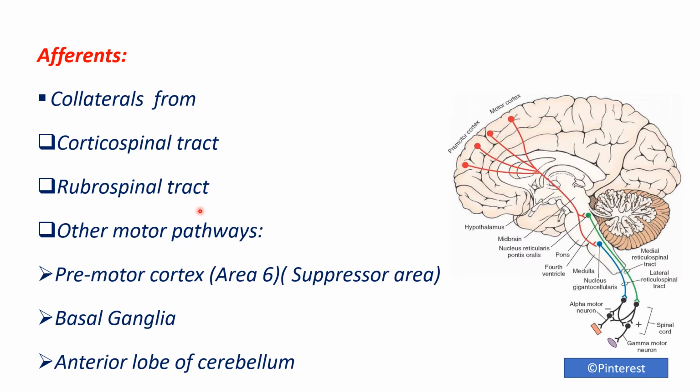Then the other motor pathways, especially the premotor cortex, or area 6, which we called the suppressor area. Like the medial reticular formation, it also receives fibers from the basal ganglia and the anterior lobe of the cerebellum. Almost all the collaterals are the same as for the facilitatory reticular formation.